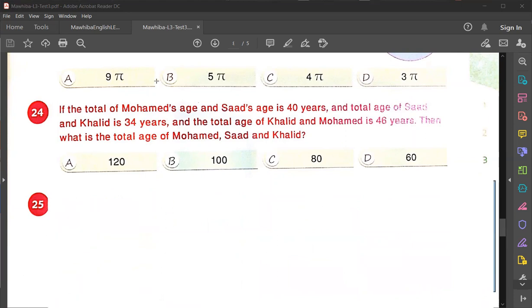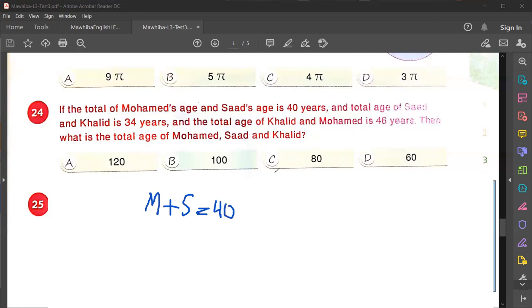Look here. You can write the total of Muhammad plus Saeed equals 40, right?